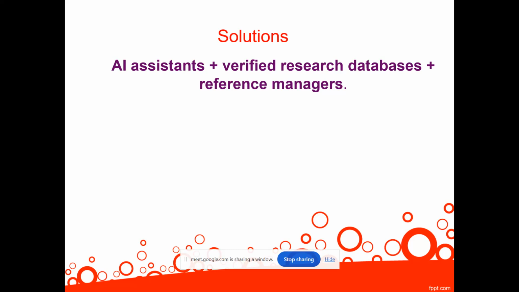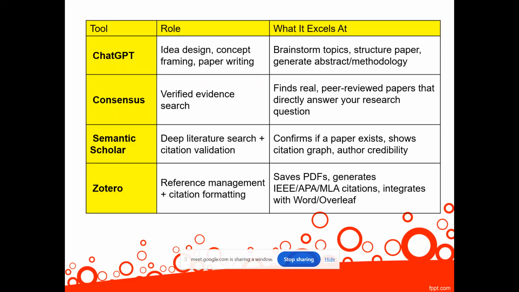When we use these three together, we will be able to write a proper paper without any duplications or fabricated works. So we can use an AI assistant, we should use verified research databases, and along with that, we must use reference managers. All these three together will help us do the purpose. We will see them one by one.